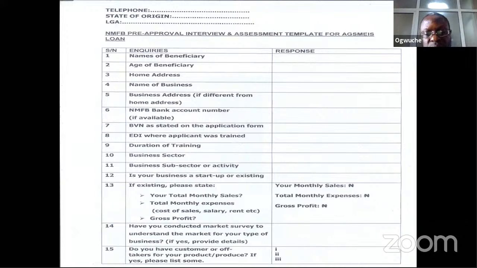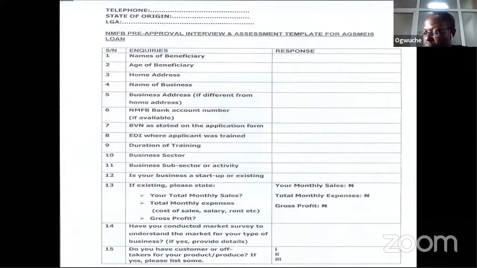Your total monthly sales. If you're already doing the business, you should be able to know how much you sell on a month-to-month basis. If you are in poultry, for example, and it's only eggs that you sell, you know the number of crates you sell in a month. Let's say you sell 10 crates in a month, and each crate you sell for 800 naira.